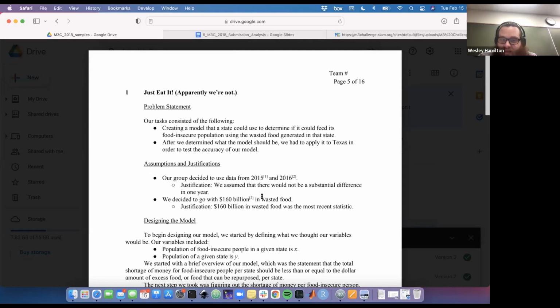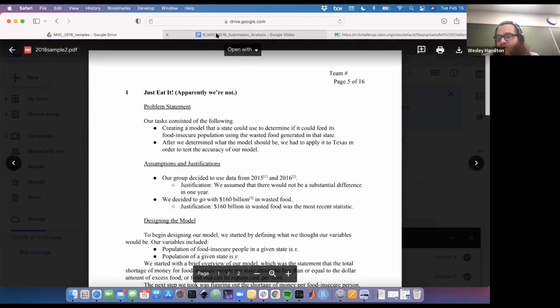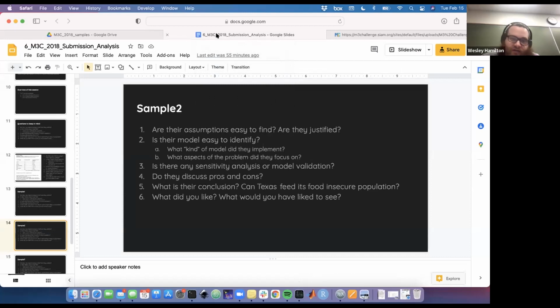We give a reference. For me, I would have liked a little more justification and discussion about whether these assumptions are justified, and also how they might start using these assumptions, or how these assumptions might play into the development of the model they're going to be doing. Okay, great. So they're easy to find. Are they justified? It could be a little better.